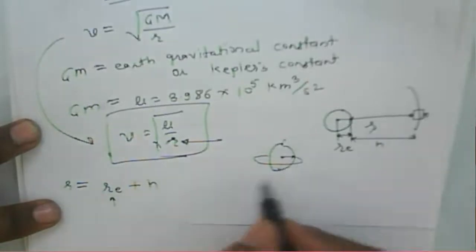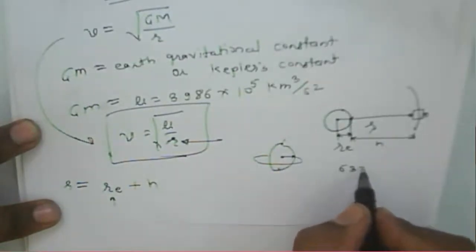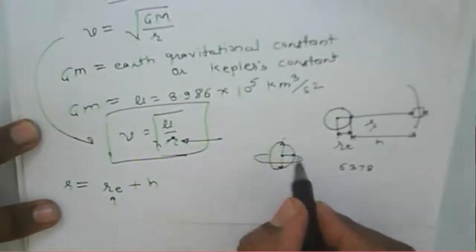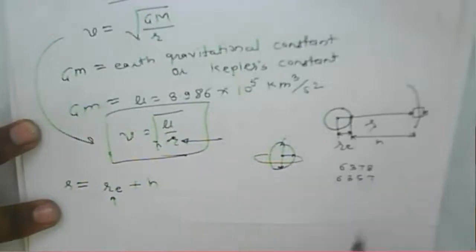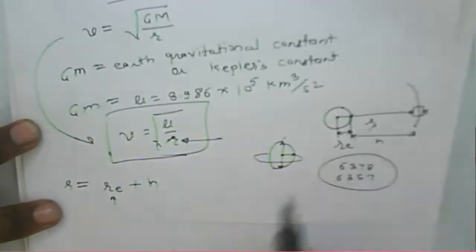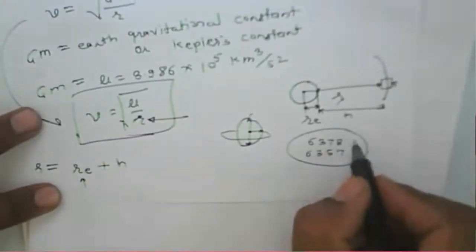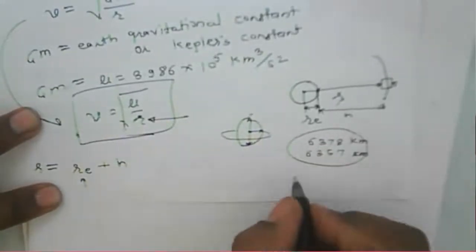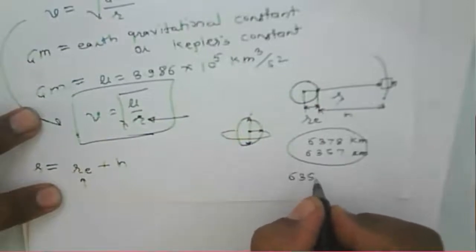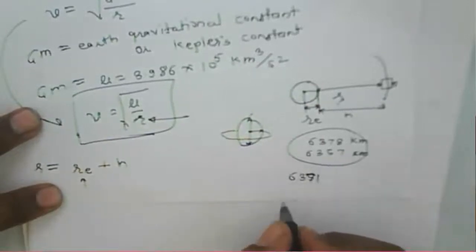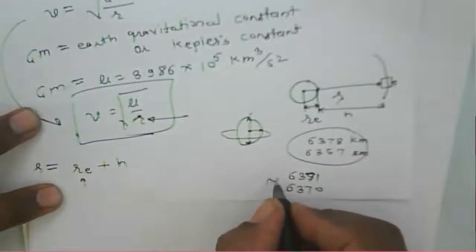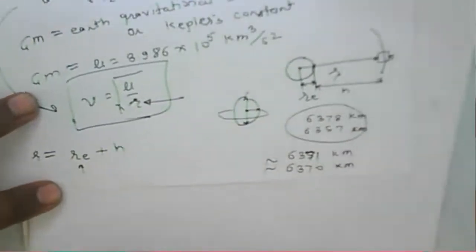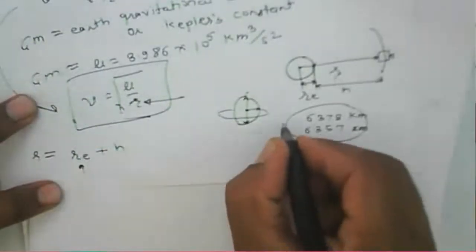The earth's radius is approximately 6378 something, and in the other case about 6357 something. Most books give these values in kilometers, and most consider 6371 or 6370 as the approximate radius of the earth.